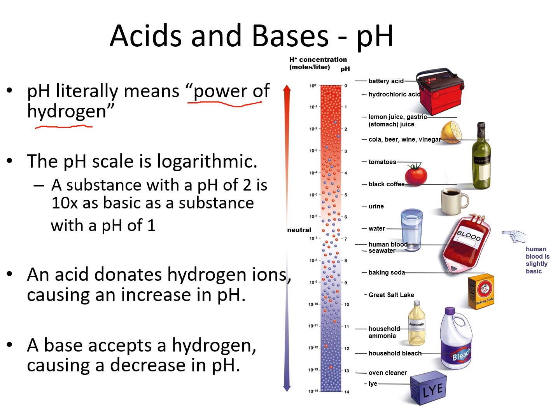And so a substance with a pH of 2 is 10 times as basic as a substance with a pH of 1, right? And what this means is that if you have a pH of 0, you have lots and lots of H's. And if you have a pH of 14 here, you have lots and lots of OH's. So I'll put an OH here, and up here we'll put our H here, right?